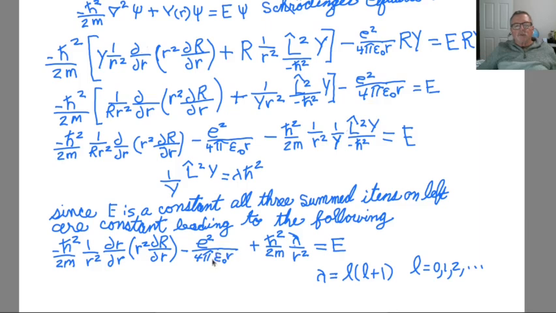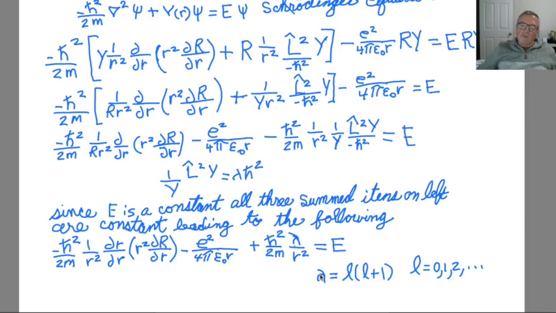The potential value, Coulomb potential, hasn't changed since the beginning. And then over here we get h bar squared times lambda over r squared. So you see all of this got lumped together over here into this value.